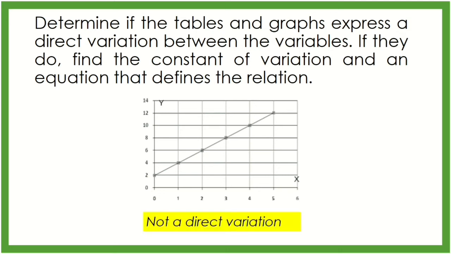Kung kukunin din natin ang ratio, iba-iba ang ating makukuha. For example, the ratio is 4/1, so which is 4. How about this point? The ratio is 6/2, so that is 3. So, hindi equal yung kanilang mga ratio. Ibig sabihin, this is not a direct variation.